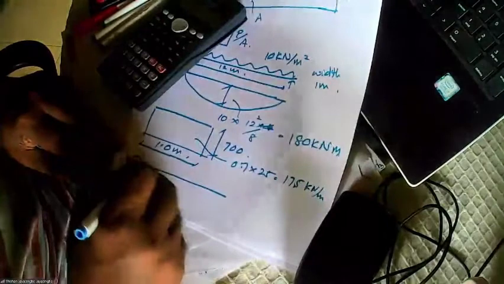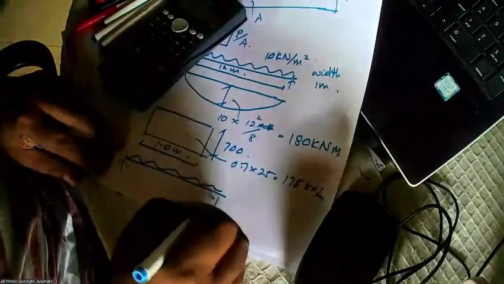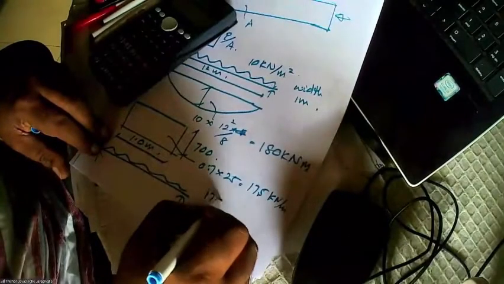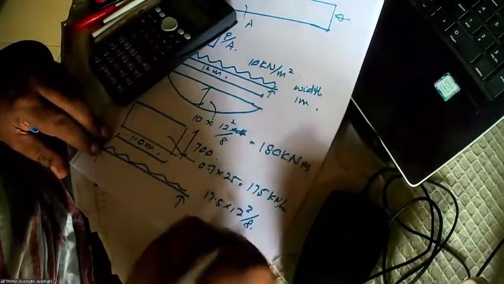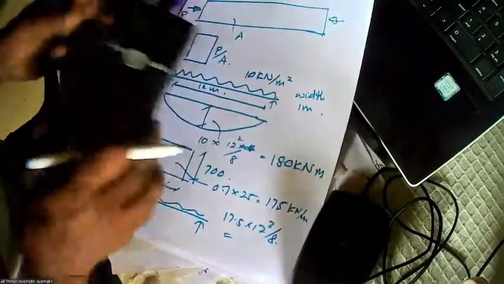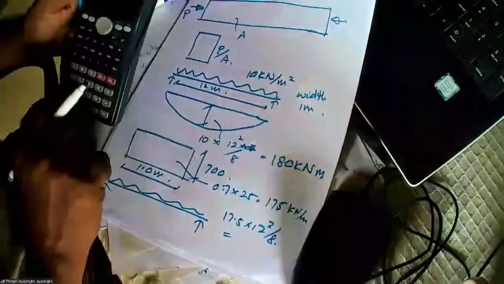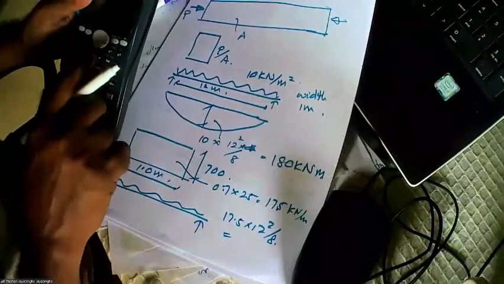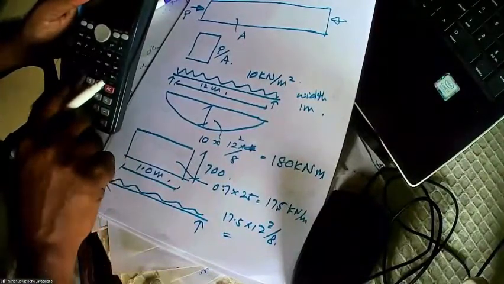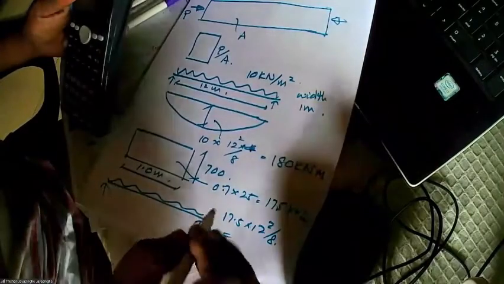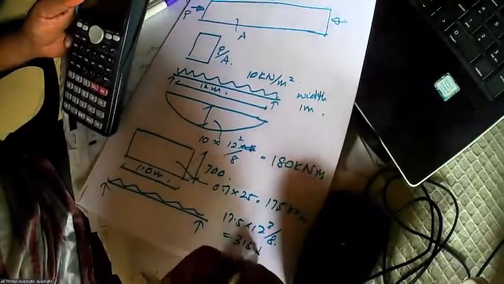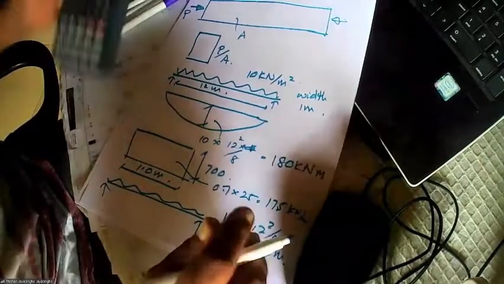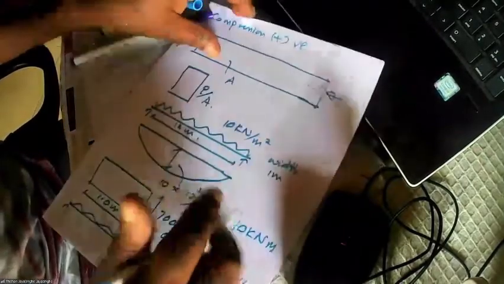So the dead load moment is 17.5 into 12 squared divided by 8, which is 315 kilonewton meters.